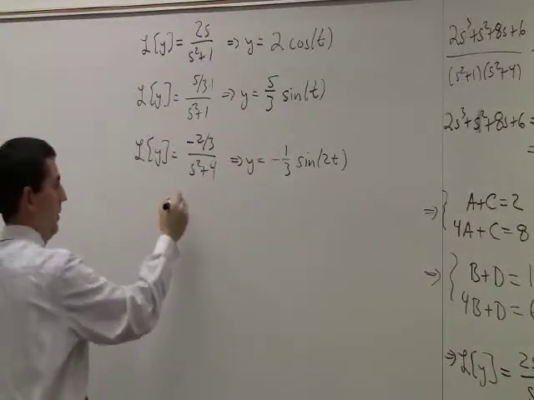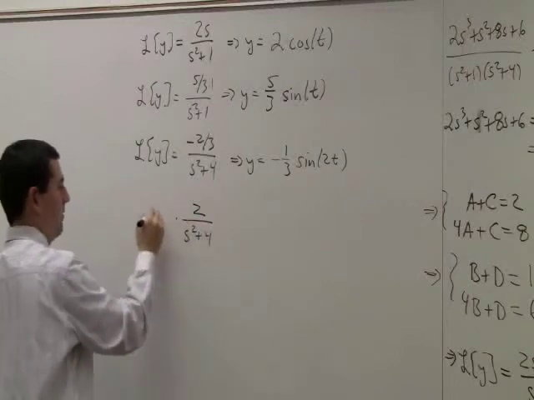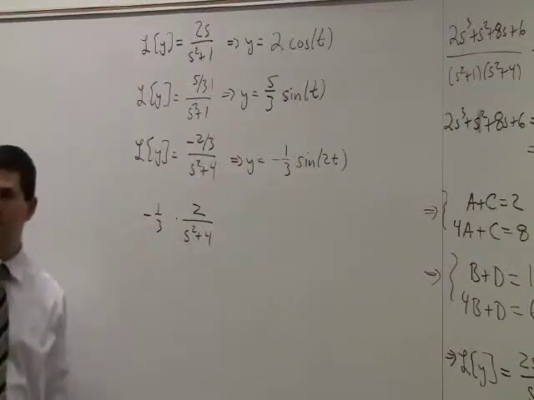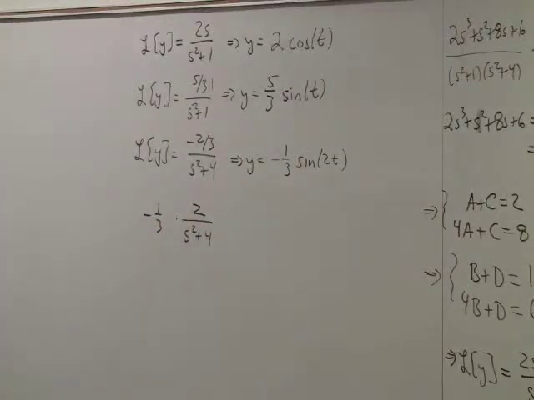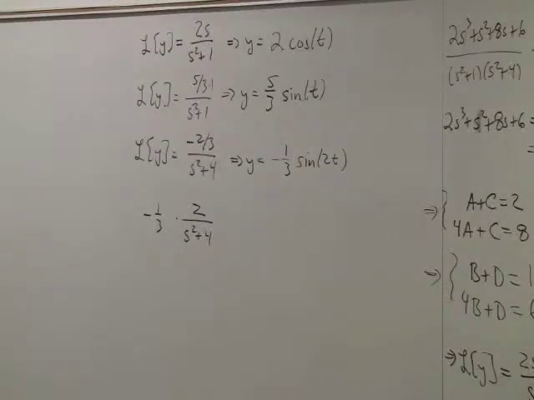We could write this as 2 over s squared plus 4 times negative 1/3. Could it be negative 2 over s squared plus 4? Can a be negative? Oh, no, we are always choosing a positive here.